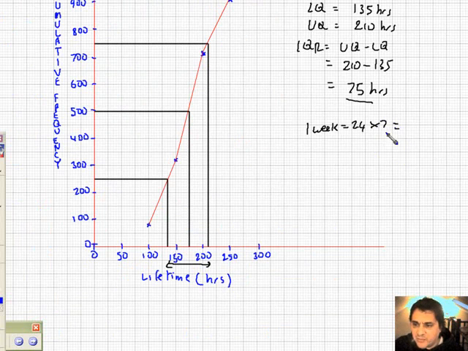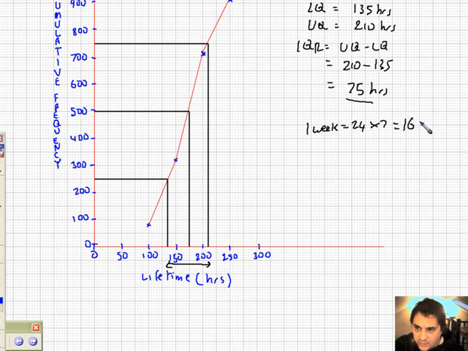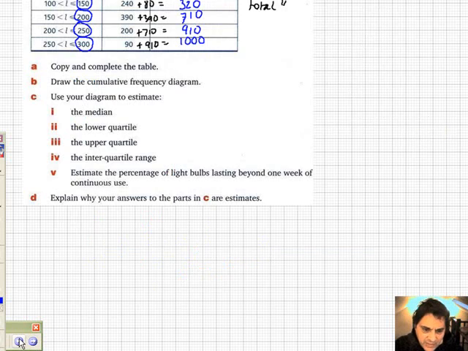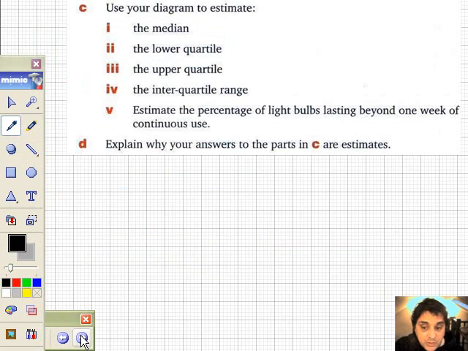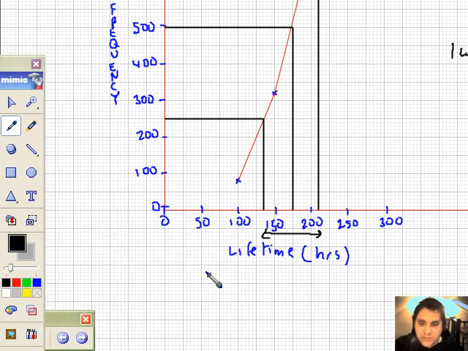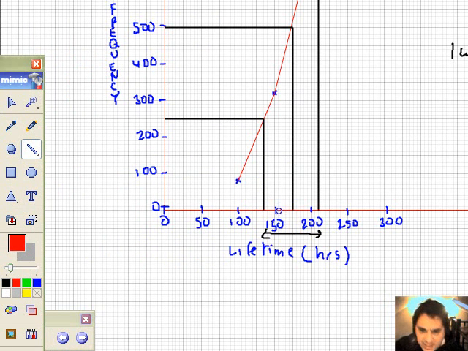I'm looking at the number of bulbs that live longer than that many hours. Let's go red on that because I want it to stand out. 168. Again, it's really hard to read, between 150 and 200, 175, so let's take a real good look.